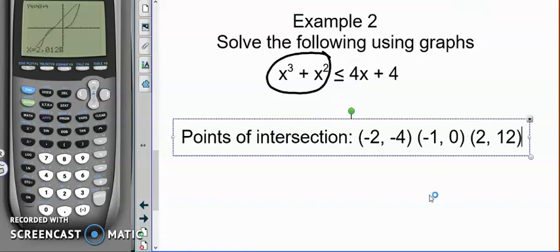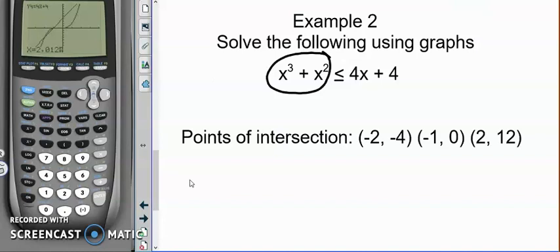So somewhere between them, either between it or on the outsides of it, it's going to tell us where the points are, where one function is above the other function. All right, so again, we're trying to find our domain, the x values here, that will show us that the function of 4x plus 4 is higher than the function of x cubed plus 2x squared. So here, from -infinity to that point of intersection, that was -2, -4.